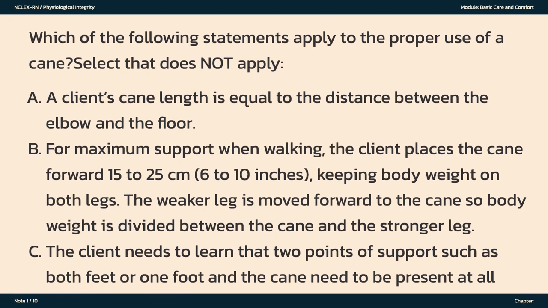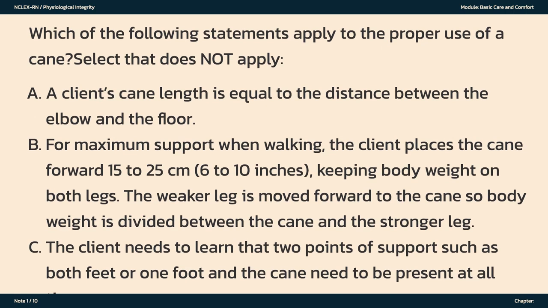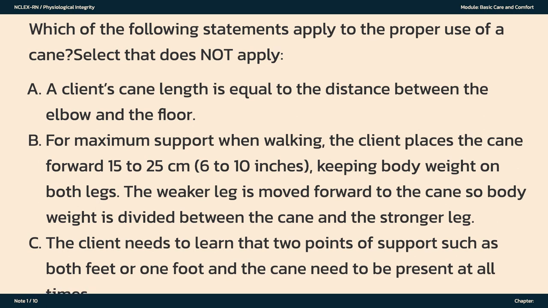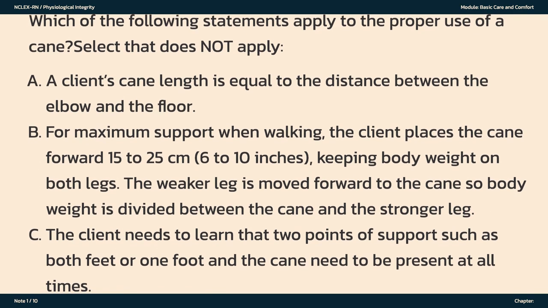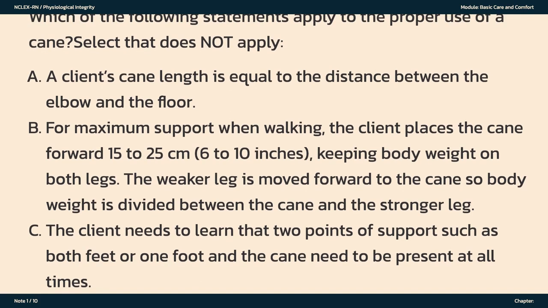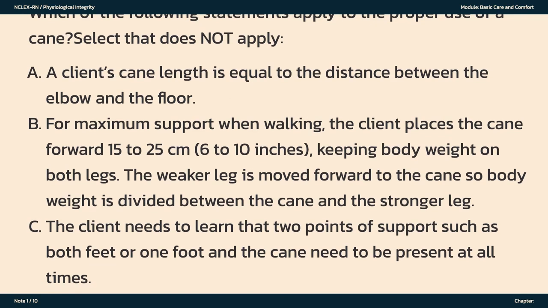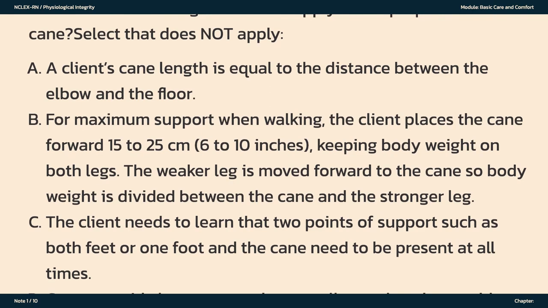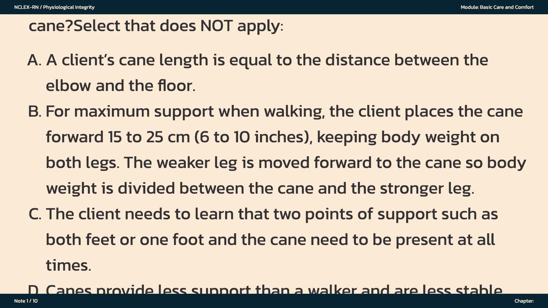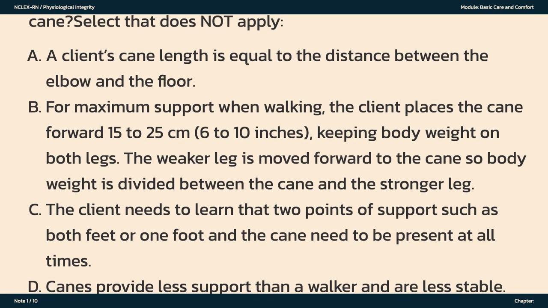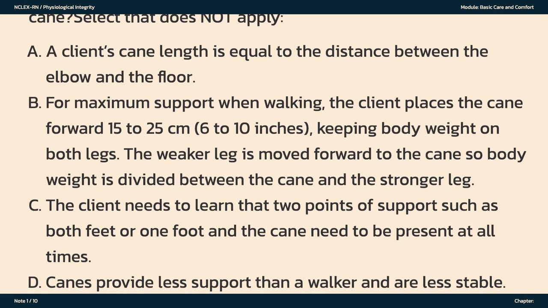Which of the following statements apply to the proper use of a cane? Select that does not apply. A. A client's cane length is equal to the distance between the elbow and the floor. B. For maximum support when walking, the client places the cane forward 15 to 25 centimeters, 6 to 10 inches, keeping body weight on both legs. The weaker leg is moved forward to the cane so body weight is divided between the cane and the stronger leg.